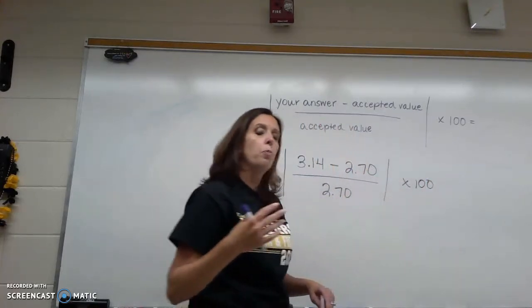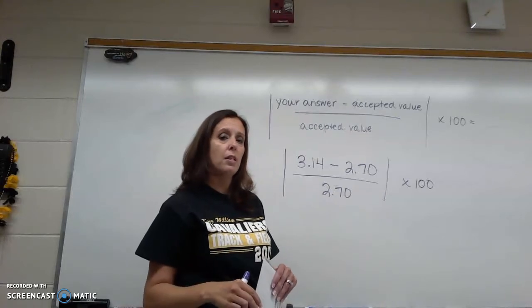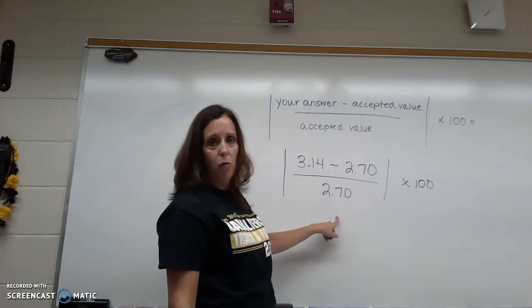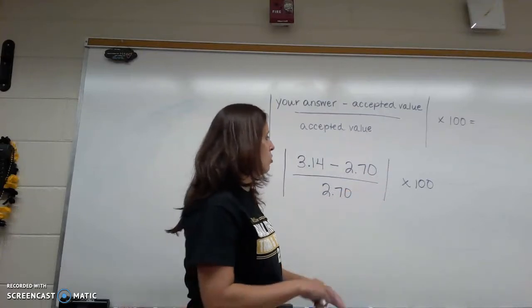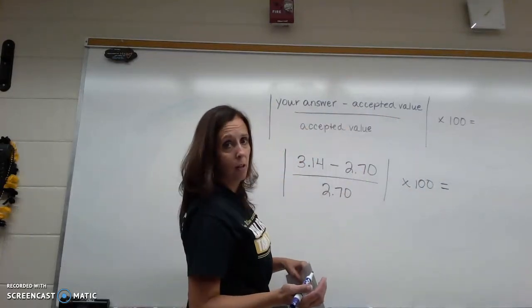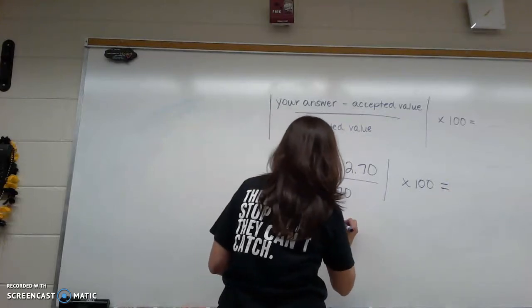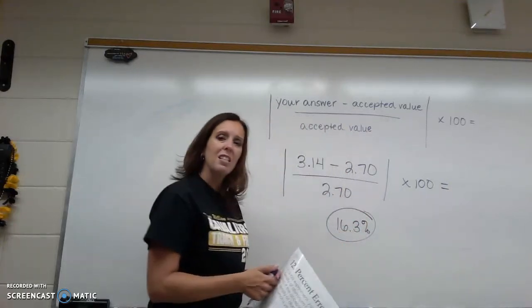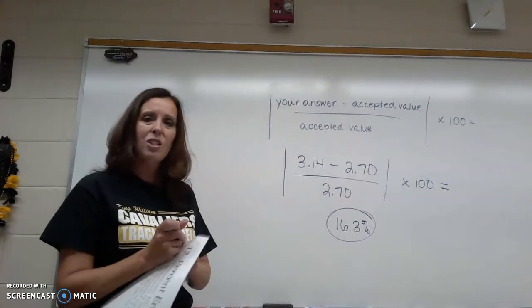And my little super chemist brain, how I remember this is what you get minus what you should have gotten over what you should have gotten times 100. And then when you plug and chug this into your super chemist calculator, you should get an answer that's close to 16%. And that's all percent error is.